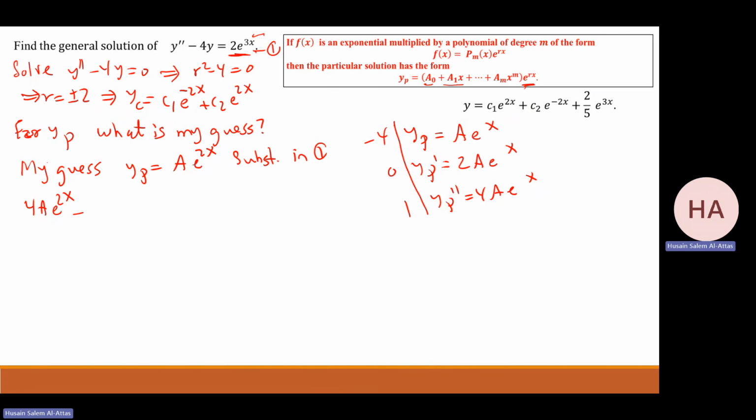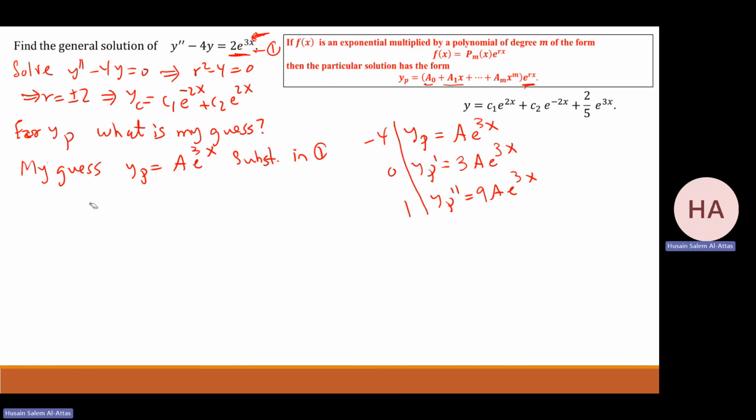Okay. That will be 3ax. That will be 9. Yeah. I need this. The guess is about this, not about this. Okay, so it's about this one. A e to the power 3x.